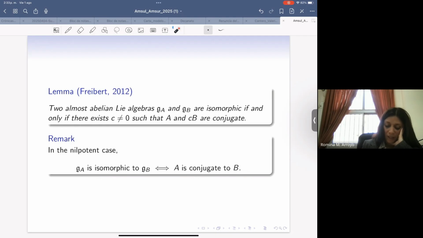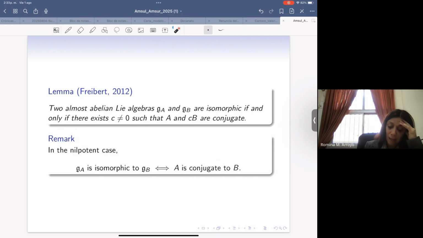Here, I would like to say a few things. First, we are going to work with classes of conjugation of matrices. So at some point, we need to work with some matrices, and we are going to choose the Jordan normal form.